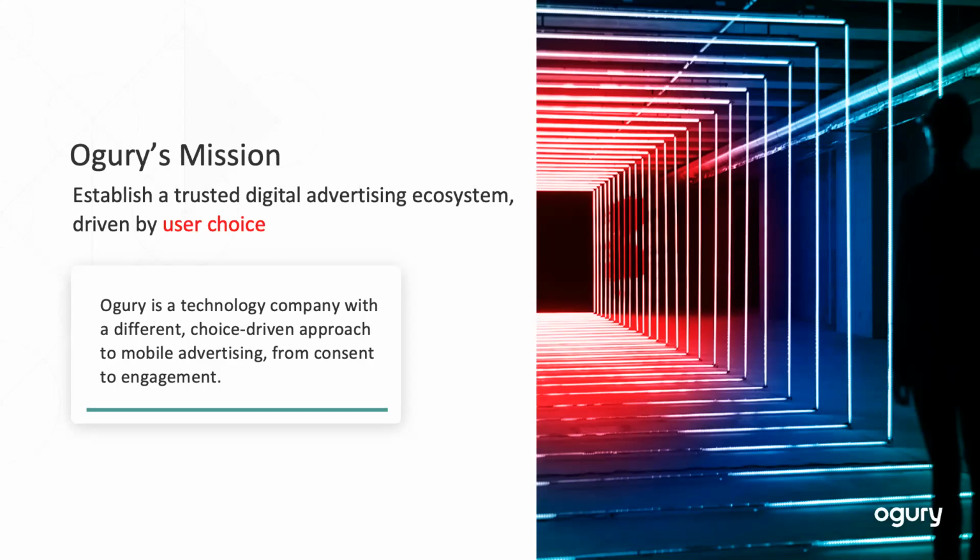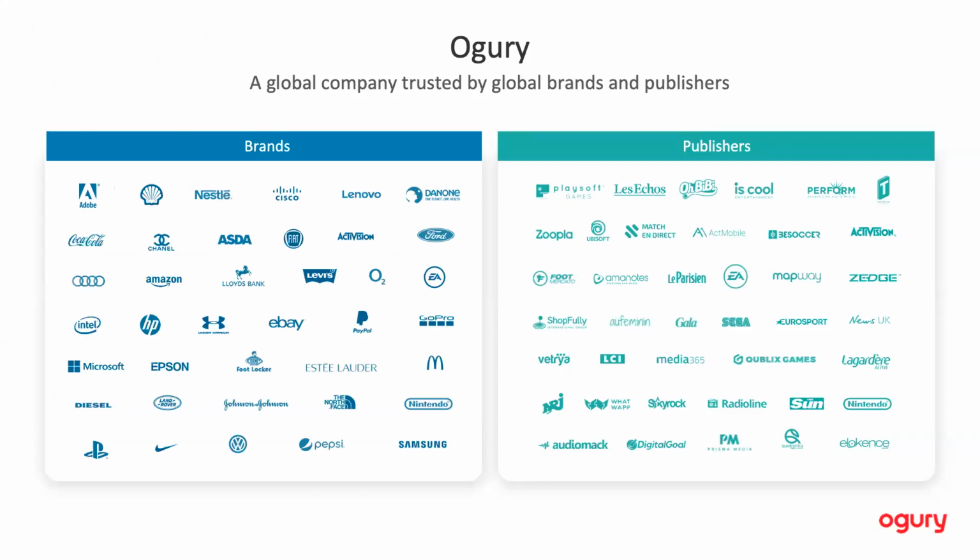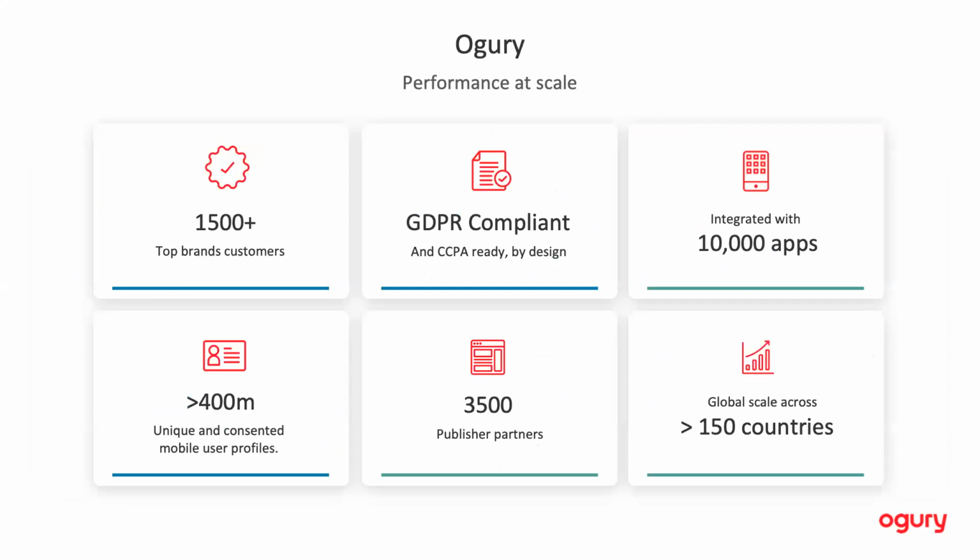So since 2014, we've now grown to 4,000 employees in about 10 different countries, working with more than 10,000 apps and 1,500 of the global brands worldwide, the likes of Samsung, Nike, Rolex, LG, and others. A quick glimpse of the numbers in terms of the performance we're able to deliver at scale.